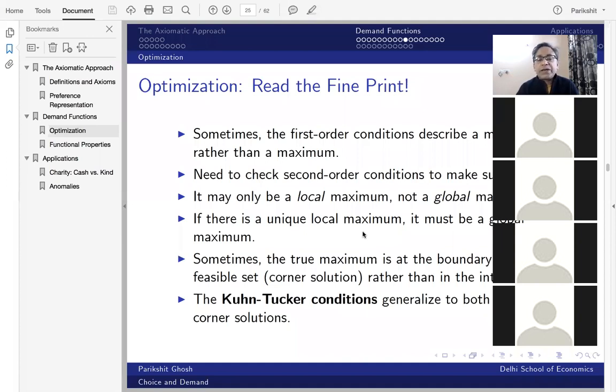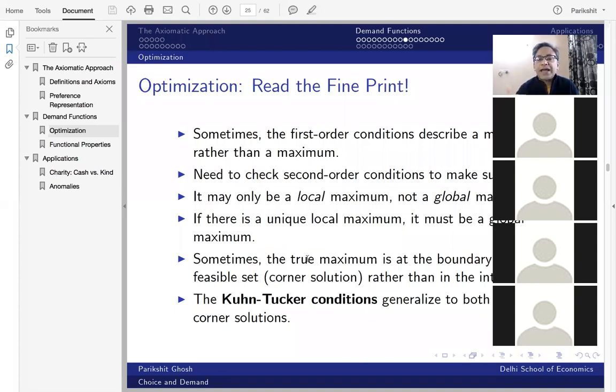Now, we're not dealing with simple one variable optimization problems. We're dealing with, first of all, multivariate functions of multiple arguments, multiple variables. And moreover, we're dealing with constrained optimization problems. But there are second order conditions for these constrained optimization problems. I'll discuss them in a moment.